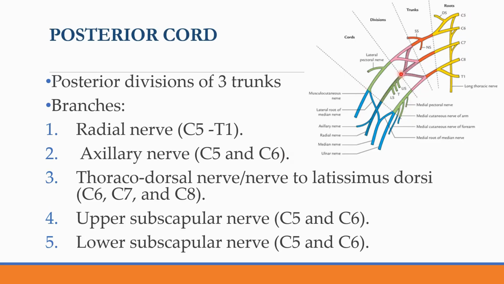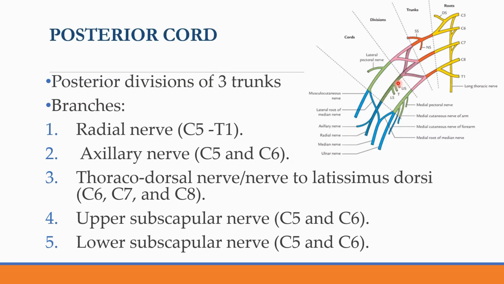Coming to the posterior cord, it is formed by union of all the 3 posterior divisions of all the 3 trunks. The branches totally, there are 5 branches. So finally we have axillary nerve here, that is C5 and C6, radial nerve C5 to T1.